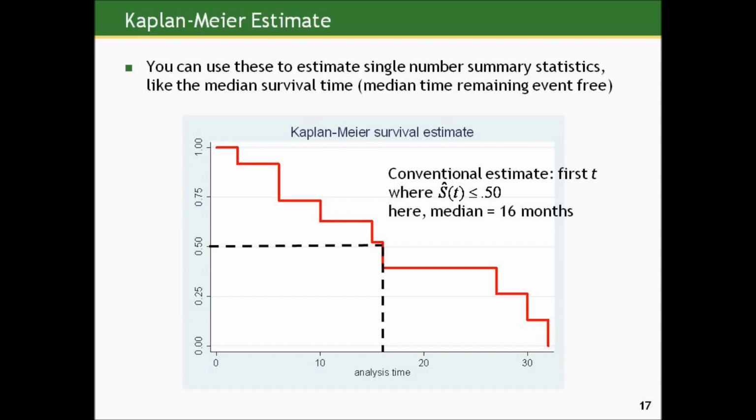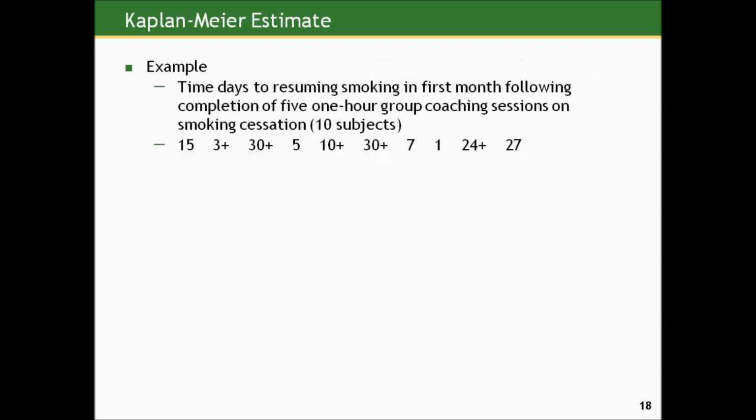A lot of times you won't actually hit 50% exactly, especially in smaller data sets. So the convention is to take the time where we hit 50% exactly, and if not, the first time below 50%. In this situation, the estimated median is 16 months, because that's the first point where the curve drops below 50%, to 39% at 16 months. So by convention, the estimated median survival time here is 16 months.